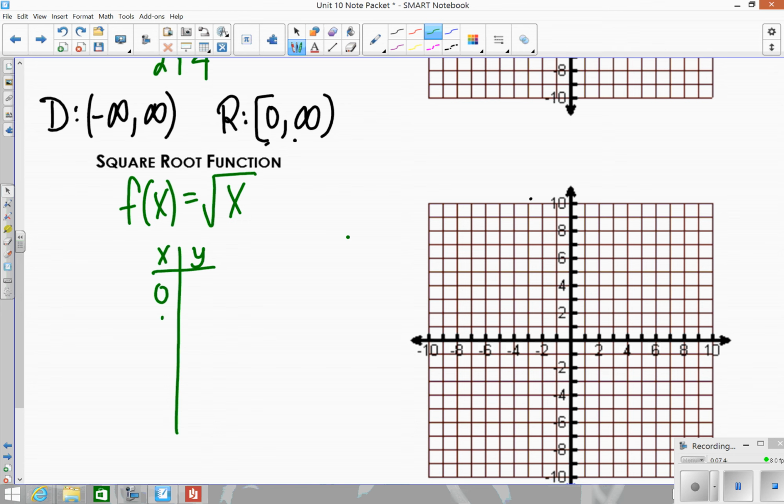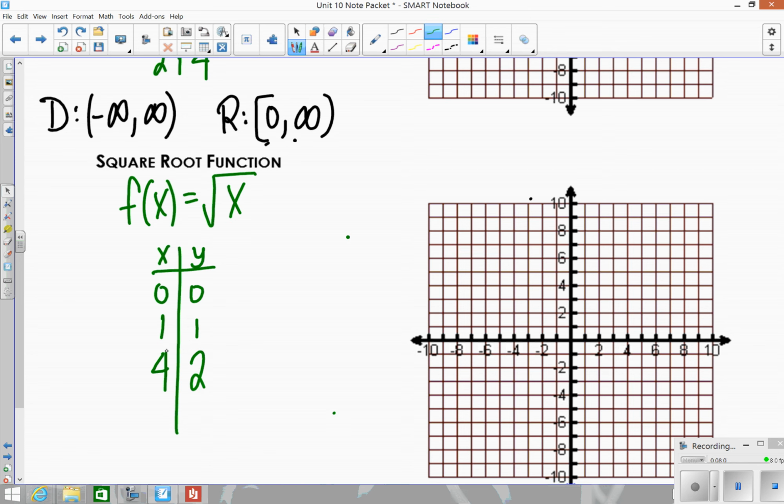And then I'm going to use 1. So let's start by plugging these in. So square root of 0 is 0. Square root of 1 is 1. If I do 2, square root of 2 is going to be a decimal. So I'm just going to skip that one instead of worrying about graphing decimals. And I'm going to move on to 4. And the reason why I move on to 4 is because if I take the square root of 4, I get a nice number.